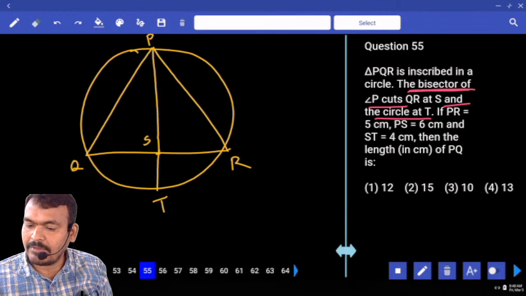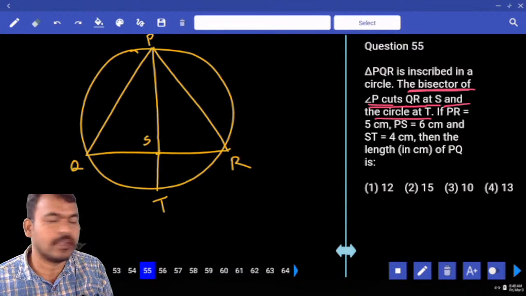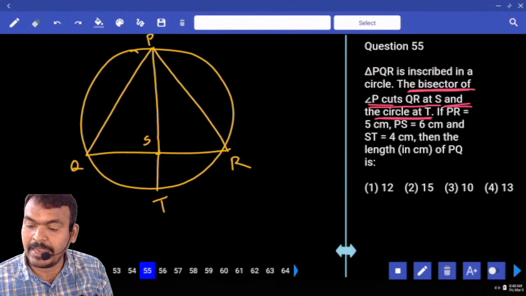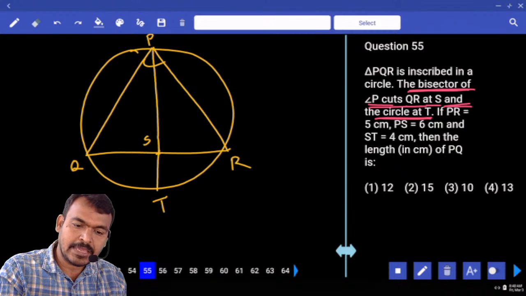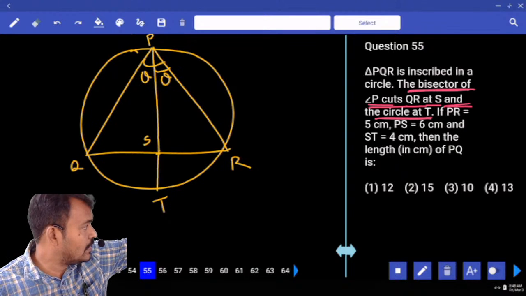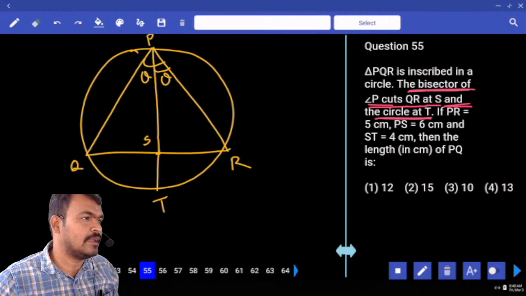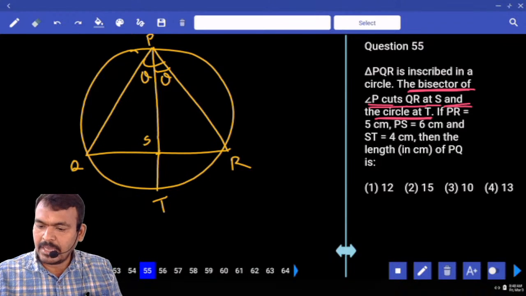The bisector of angle P cuts which one? QR. At which point? S point. And the circle at T. Means PT is the bisector, and here at angle P, both the angles are same or different? Same. One on the left hand side is theta and the right hand side also the same angle or different angle? Same angle.